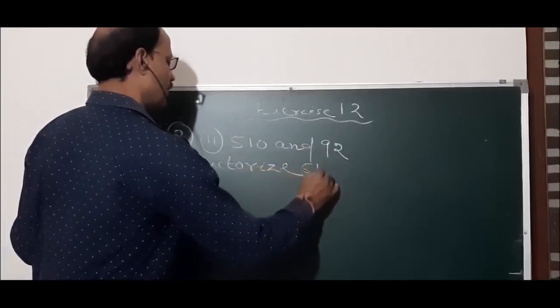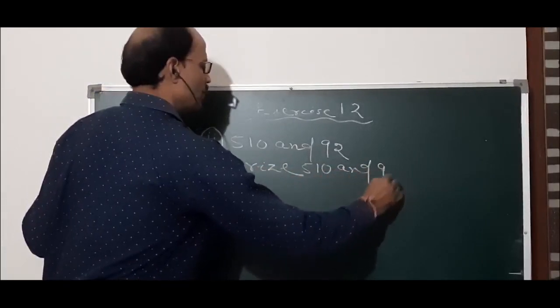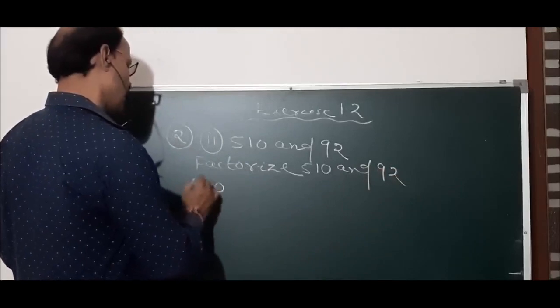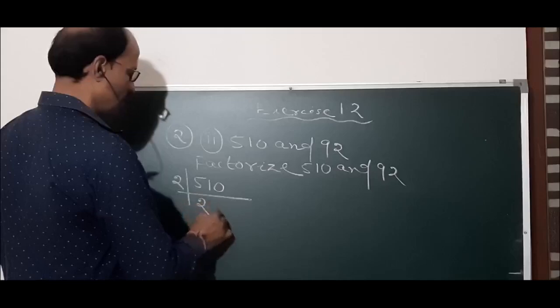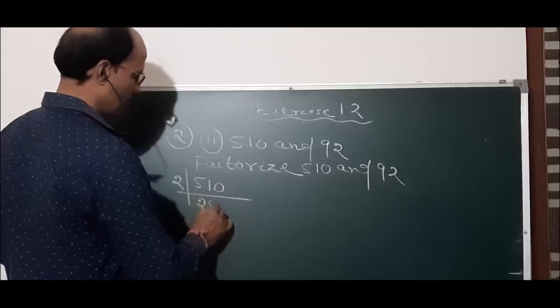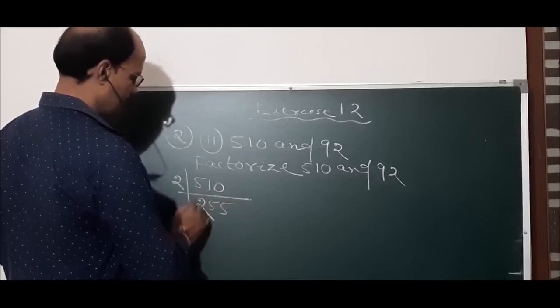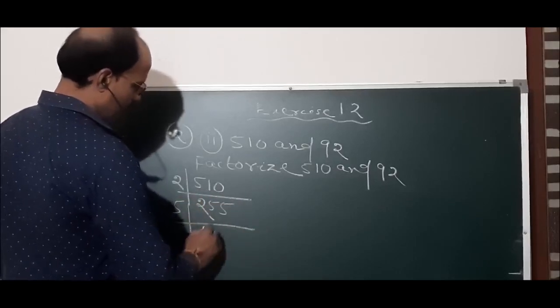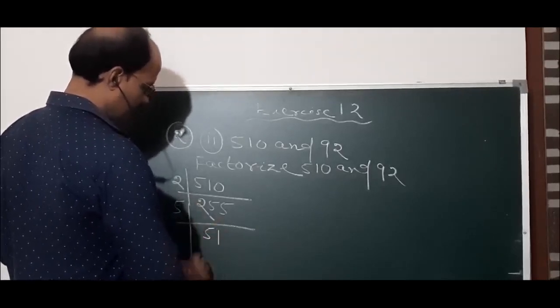Factorize 510 and 92 separately. So 510, first 2, 2 2s are 4, 1 left, 11, so 2 5s are 10, 1 left, 10, so 2 5s are 10. So now 5, so 5 5s are 25 and 5 1s are 5.